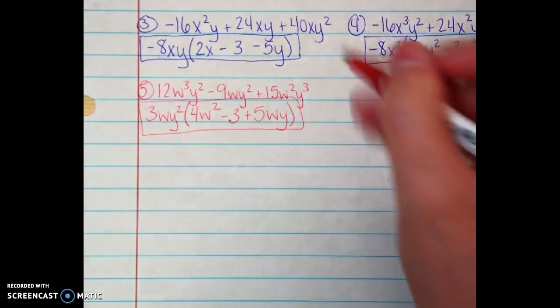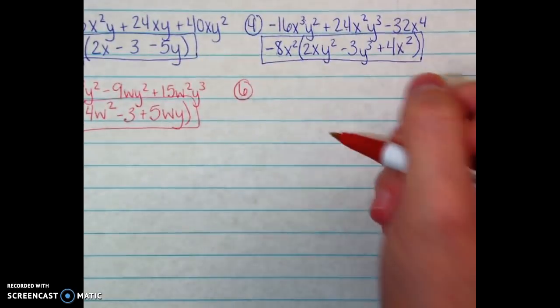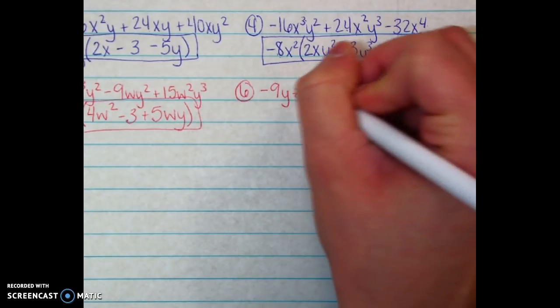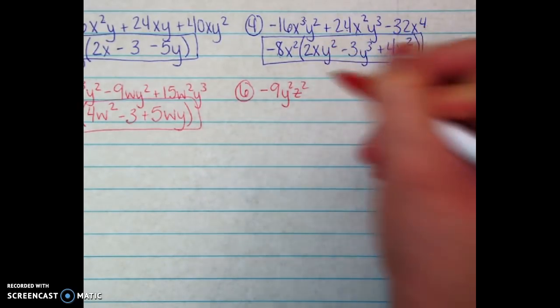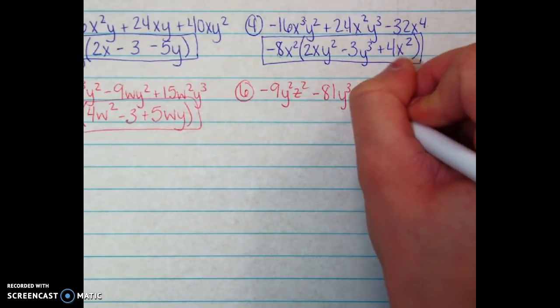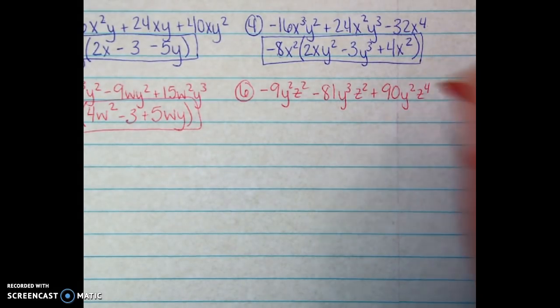Okay, last one. Negative 9y squared z squared minus 81y cubed z squared plus 90y squared z to the fourth.